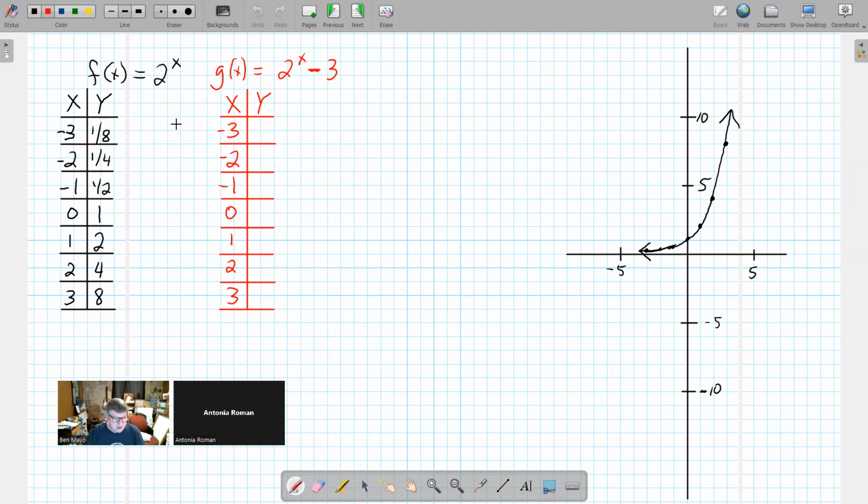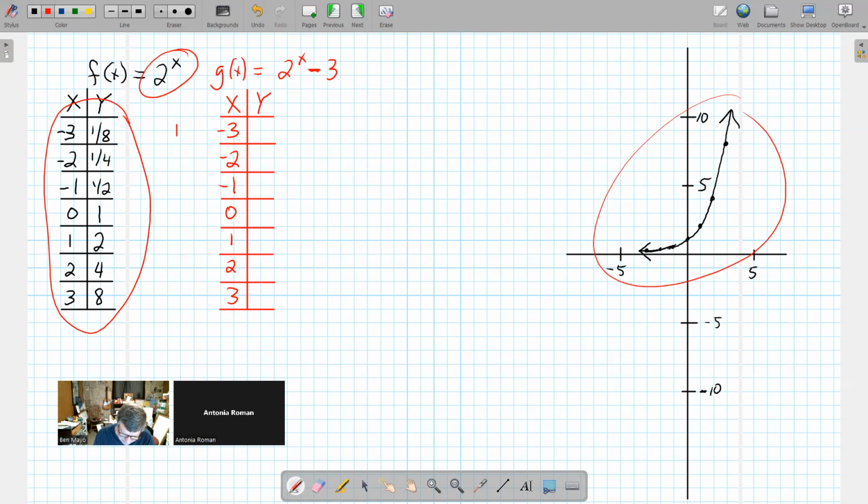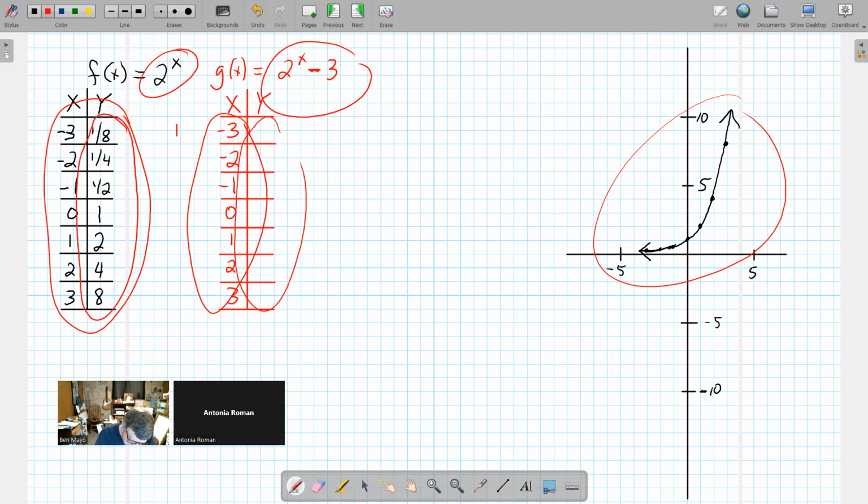Remember with parabolas that if we had a constant out at the end, it shifted the parabola up or down. And if we had a constant inside the square, it moved it left and right. The same thing is true with an exponential equation. So this thing produces this graph, right? If I take a look at this thing and I use the same x values, all of these y values are going to be the same as these, but -3.